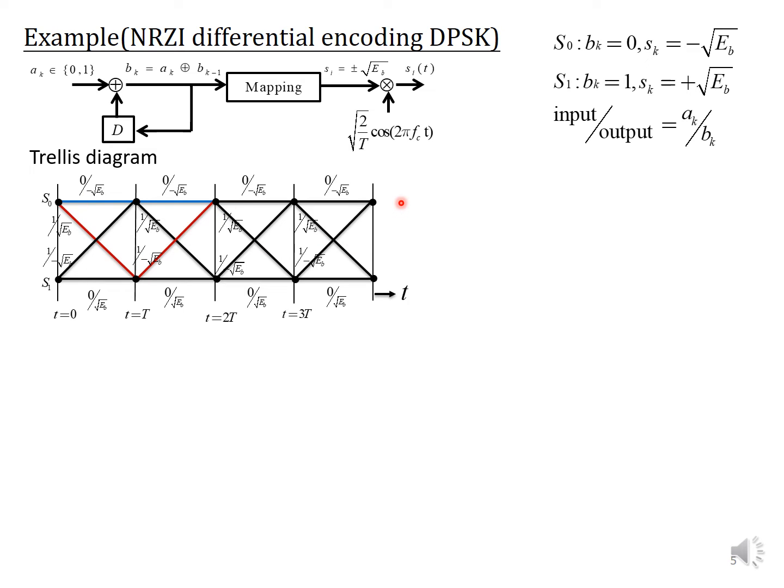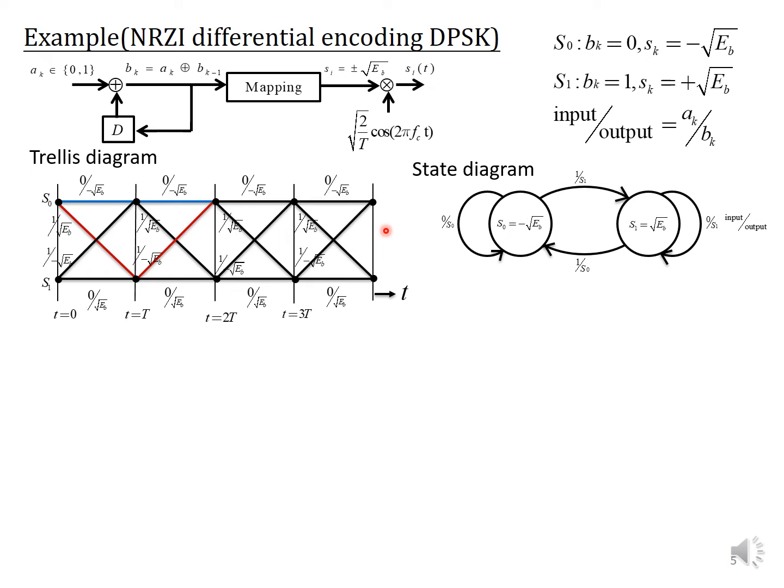For every transmission sequence of AK, which corresponds to 4 different BK, we can find a path on the trellis.